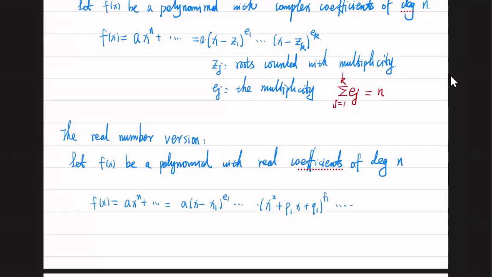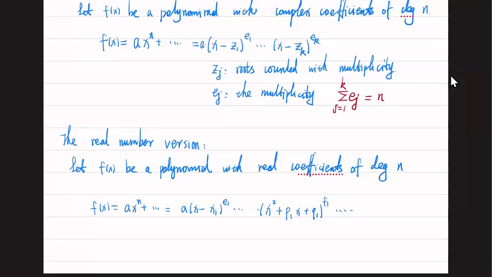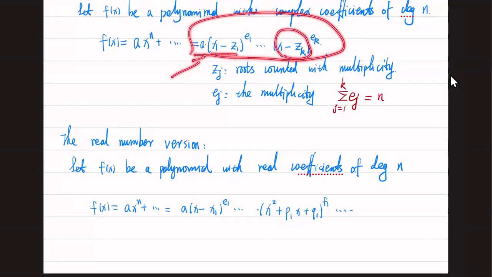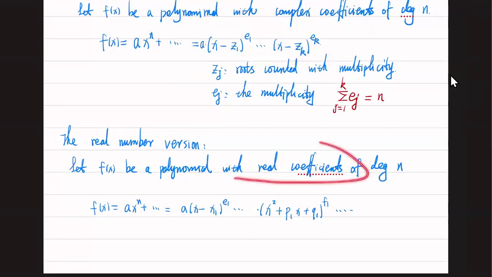You can see the difference between the two decompositions. If we allow complex roots, then all of them are first order. But if we only allow real coefficients and real solutions, it's possible we have some quadratic factors.